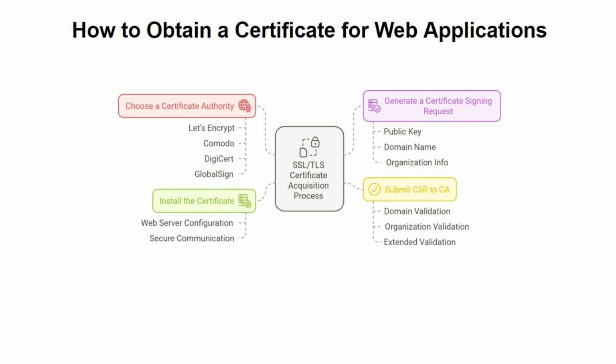Then submit the CSR to your chosen CA for validation. The CA will verify your details depending upon the type of certificate. Then once validated, the CA will issue your certificate and you'll install it on your web server to ensure secure communication.